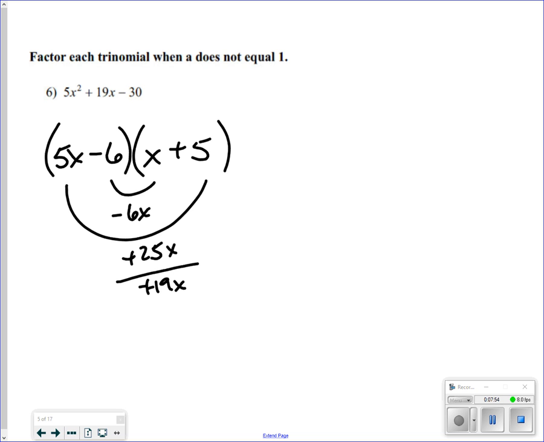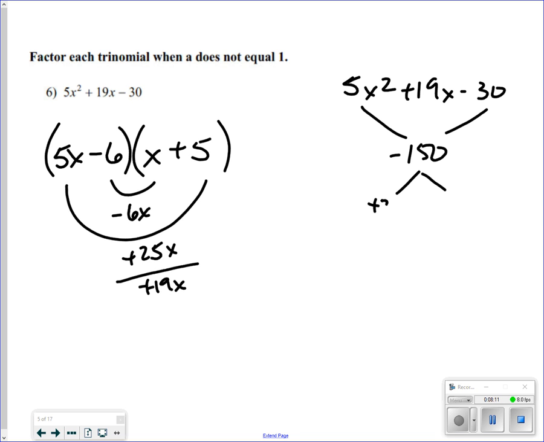Same question done again. Multiply the outside two numbers together. And this is where grouping can be a little more complicated because you ultimately have quite a big number here. So negative 150. And so when I'm trying to come up with two things that'll multiply to be negative 150, but add up to be 19x, then I need probably a little bit bigger numbers of understanding.